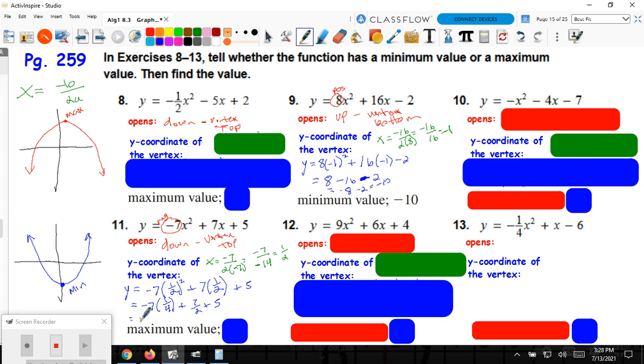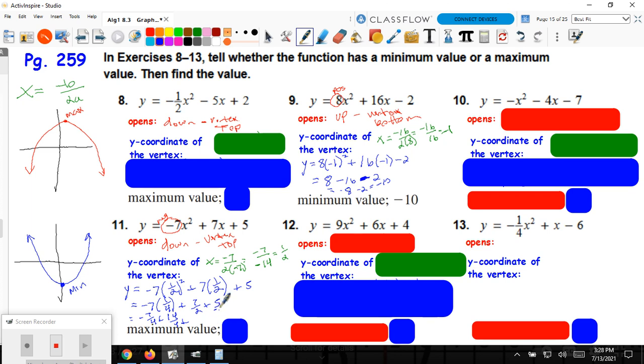So negative 7/4. Let's change it all into fourths now. So I need to multiply this by 2 to get a 4. So 14/4. So plus 14/4. And then plus, need to multiply this in order to get fourths. I'm going to need to multiply it by a fourth. This is 5 over 1.